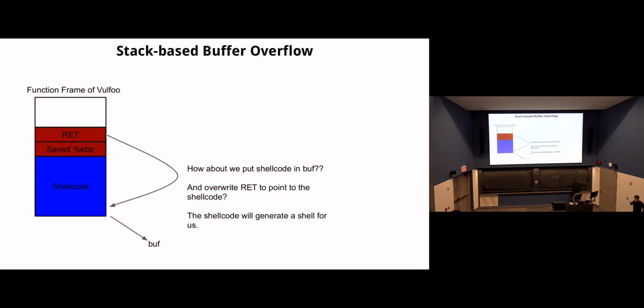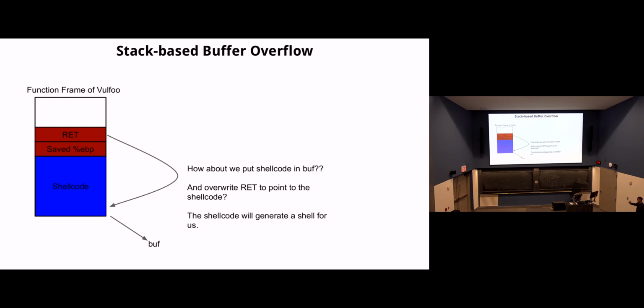This is a stack. Stack is dynamic. Every time you run the program, it could be a little bit different, right? It's not determined at compile time. It's hard to find the exact shellcode address. Imagine this is a piece of shellcode. It could have 20 bytes. If you jump to the middle of the shellcode, obviously you're not going to get what you want, right?